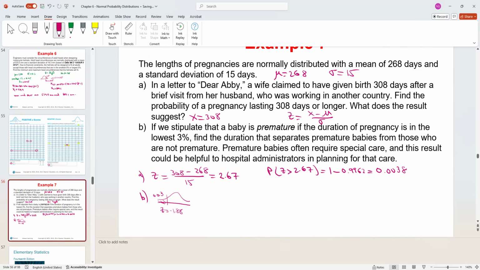Now, if you want to find x, x equals the mean plus z sigma. So the mean is 268, minus 1.88 times sigma. In this particular case, x would be 240 days.